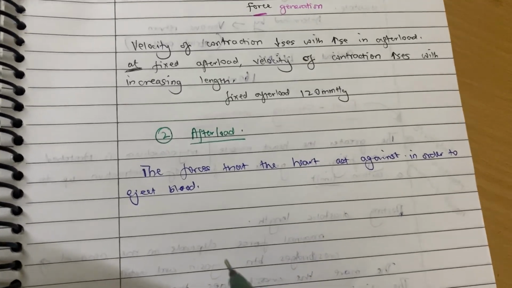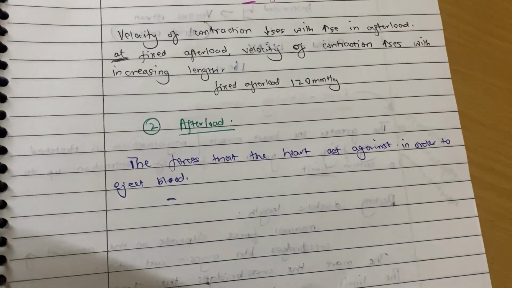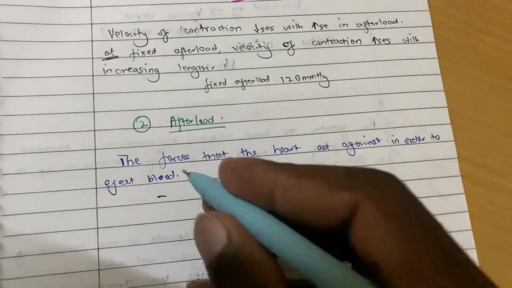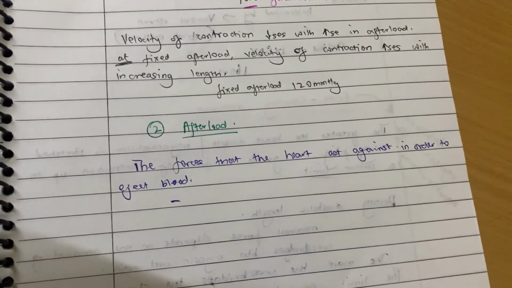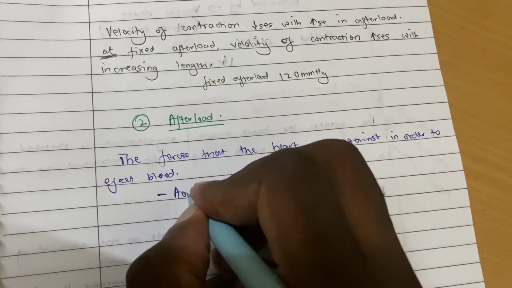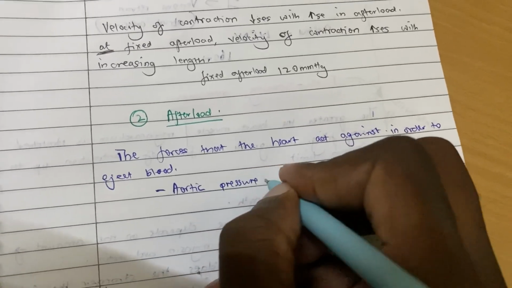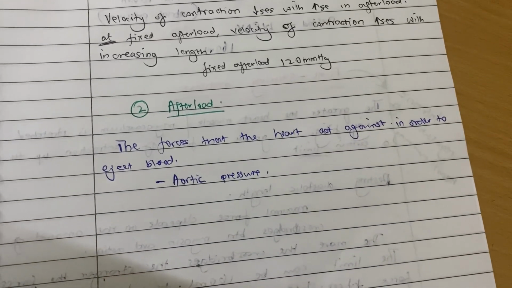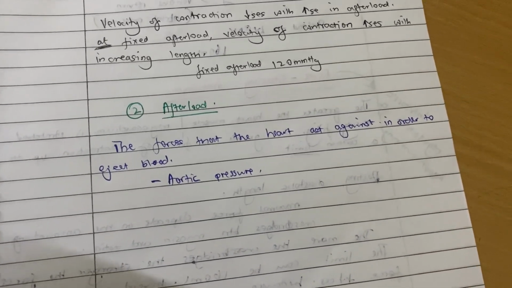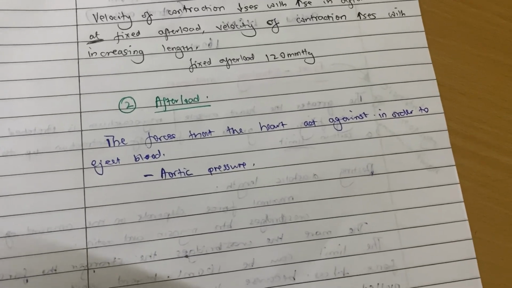So which forces? Before ejection starts, the LV must generate a pressure equal to aortic systolic pressure. So the LV, before it ejects into the aorta, it should overcome aortic pressure. It must overcome the aortic pressure. If it can't, then there is no way the aortic valve will open. It cannot open.